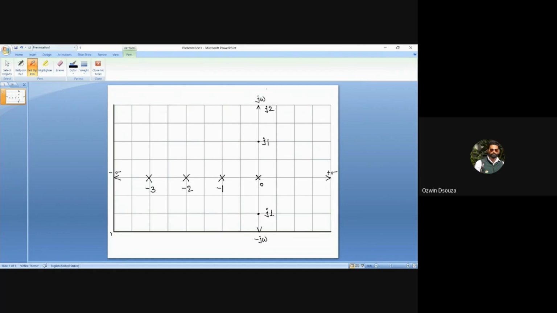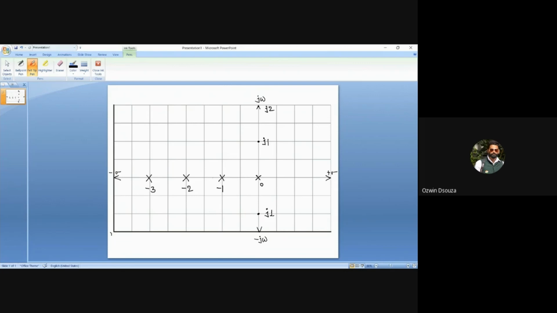Then only you will get a proportionate graph, or else there will be some compression along x-axis or y-axis if at all you select a non-linear scale. So what I've done is I've taken a linear scale in which I have taken 2 divisions equal to 1 unit. All right, so that's my pole zero plot.